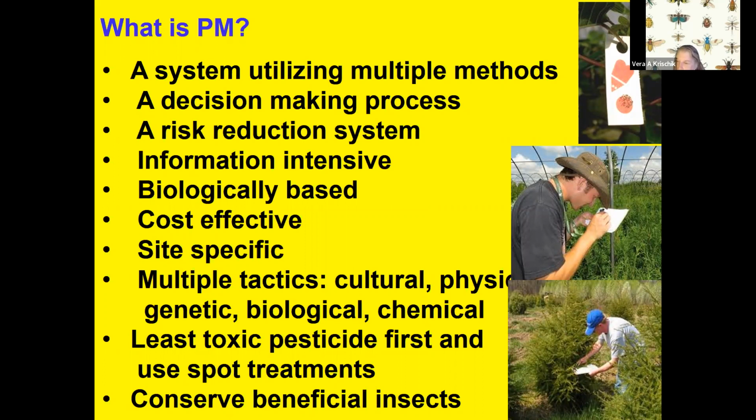So when you develop an IPM program, you use all these tactics. Cultural would be increasing the soil. Physical might be something like putting up hoop covers on your tomatoes or something. Genetic would be using plants that are resistant. The easiest example, we've tried to get resistant American elms to Dutch elm disease. It didn't work.